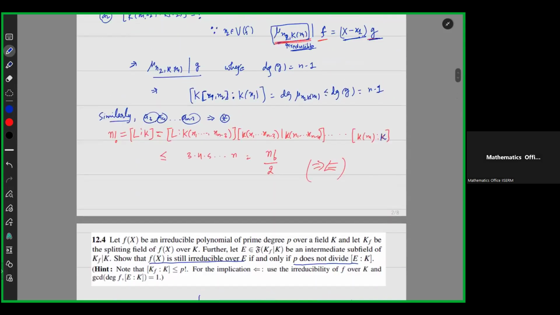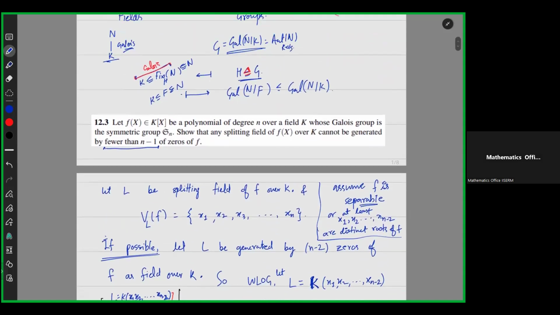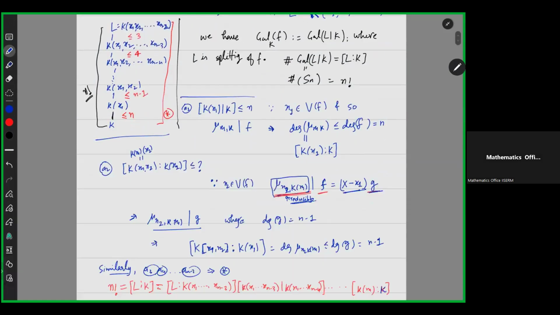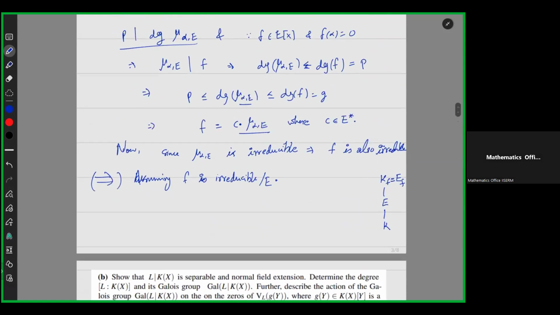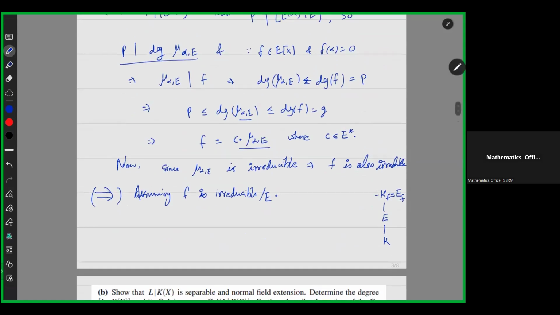Now, I'm just using a hint. The field K_F is generated over K by the P roots of F. This is nothing but K(x1, x2, ..., xp), the P roots.